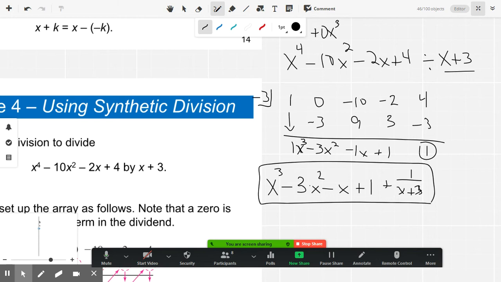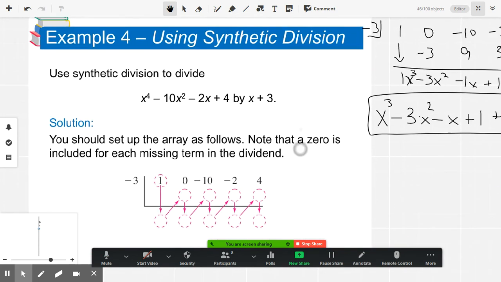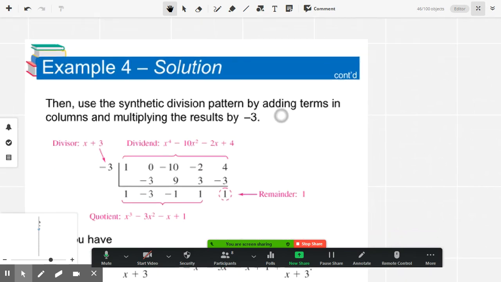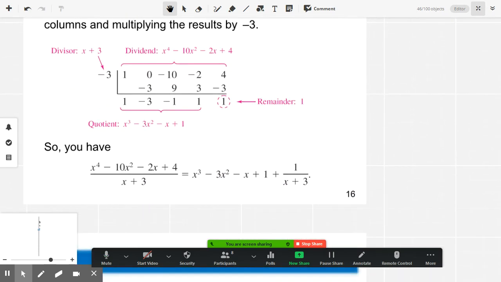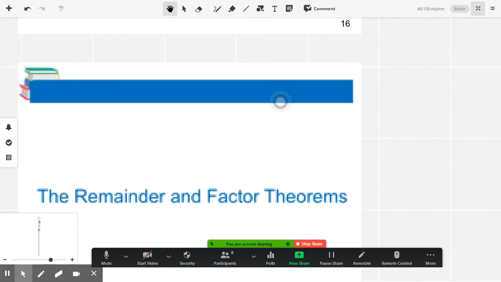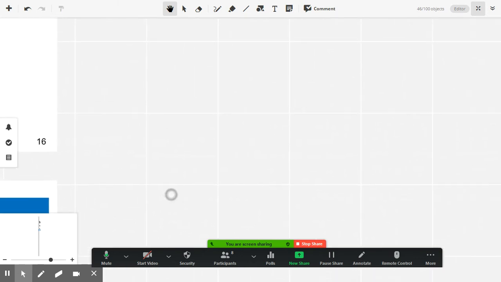All right, let's see if they give us another example of synthetic division. And there's just them walking through the same thing. All right, so they don't have another example. So I want to do one more example of synthetic division before we move on, because this is what we're mostly doing.